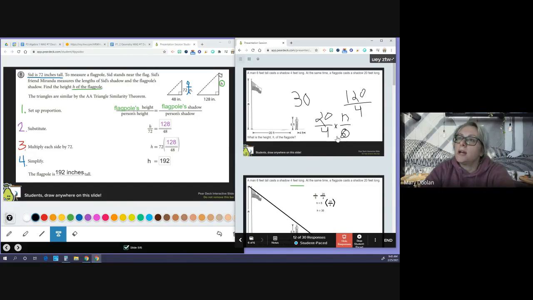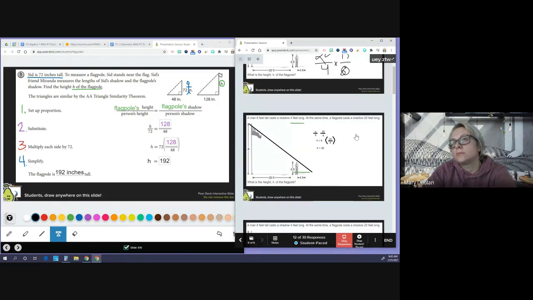This person has 20 over 4 and h over, I think that's a 6, which would work, but you want an equal sign there. This person has h over 6 and 20 over 4. That works. This is a way that you can set that up.